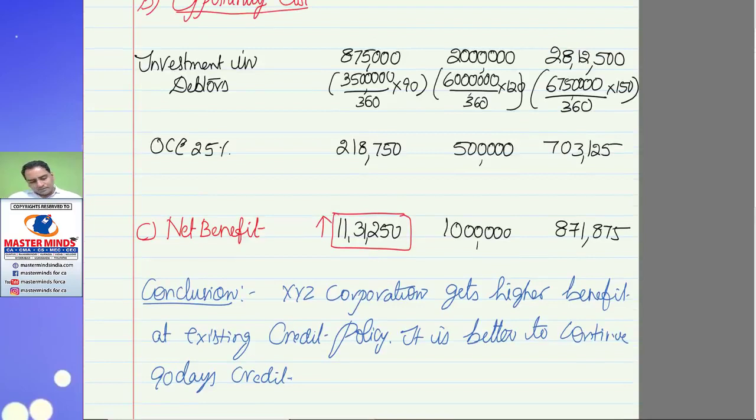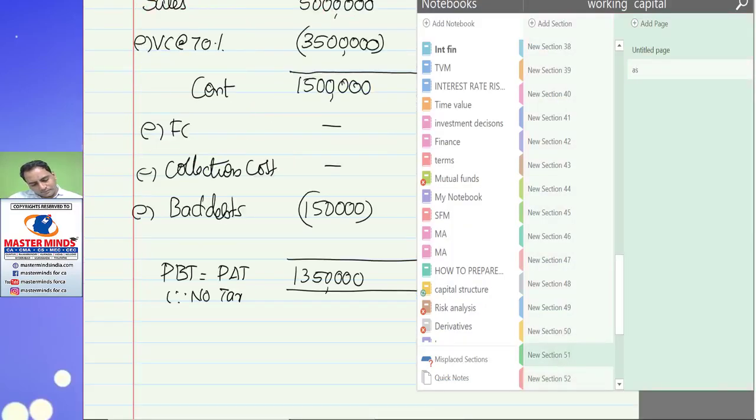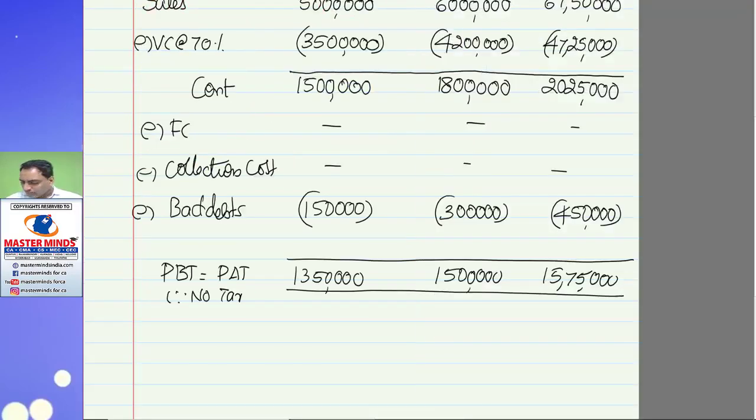Yeah. 11,31,000. That's 67,50,000. Absolutely correct.